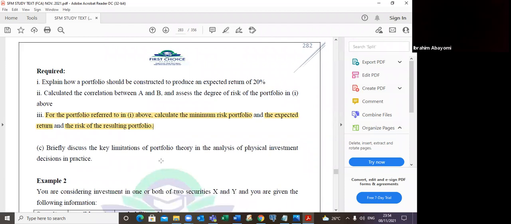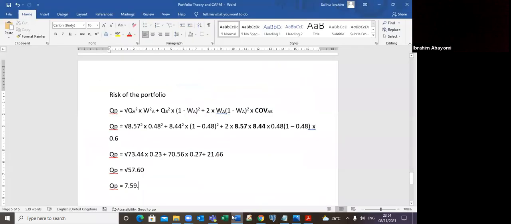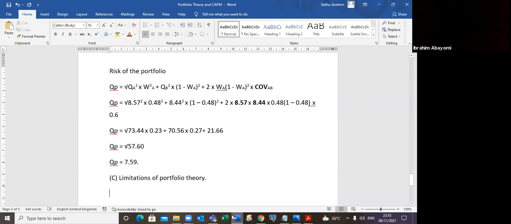Now, what are the limitations of portfolio theory? I will be dictating this to you. Limitations of portfolio theory, number 1.